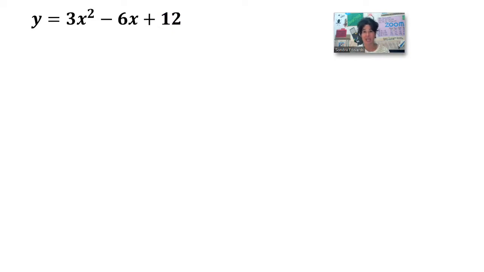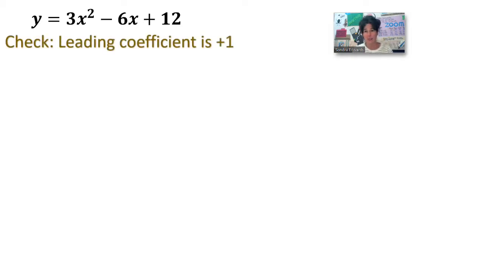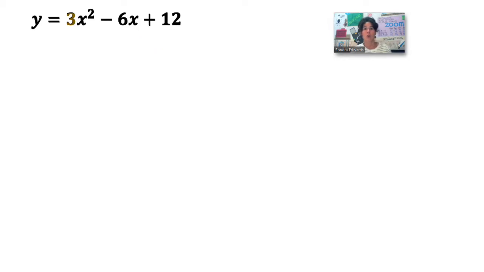Here's another example. But notice this time, the leading coefficient is not 1. You can't complete the square until that leading coefficient is 1. So what you do next is you want to factor out the leading coefficient from the first two terms.